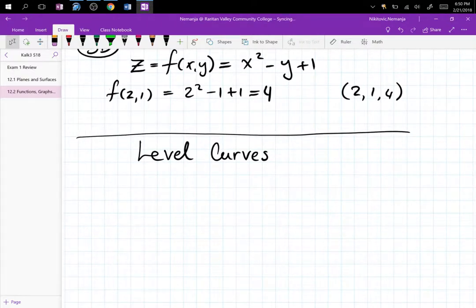So level curves, before I show you any cool things, level curves are simply z traces. So you are using z values. See, a level. Think of the level as you are using the elevator, right? Level 1, level 2, level 3, level 4.